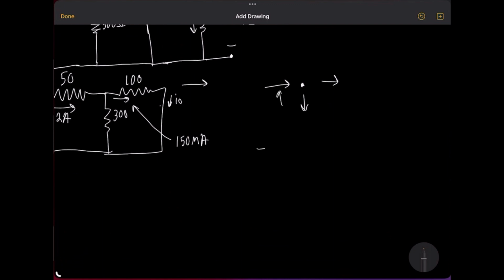It's coming into the point, negative 150 plus 62.5 plus I naught is equal to 0. Add these together, we get negative 87.5 plus that over here, we'll get 87.5 milliamps is equal to I naught. And this will be equal to I of 0 plus for this.